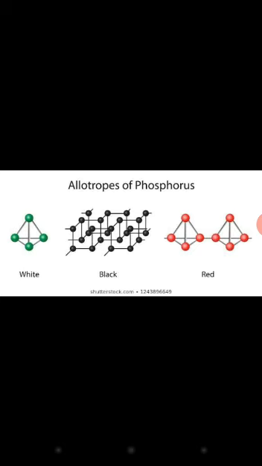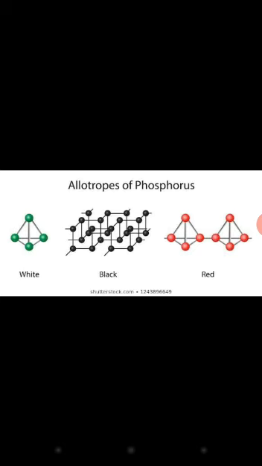And sulfur consists of molecules that contain 8 atoms, S8. Sulfur also exists in several crystalline and amorphous forms. Kindly note it, students.